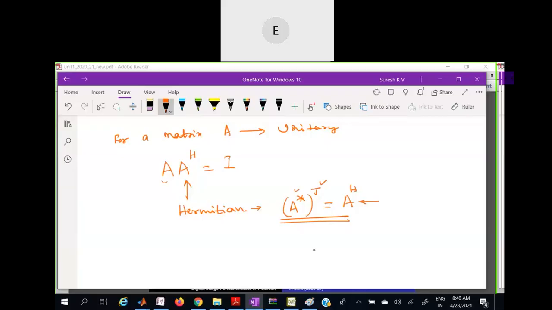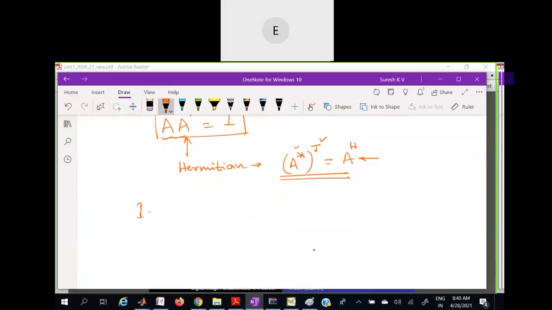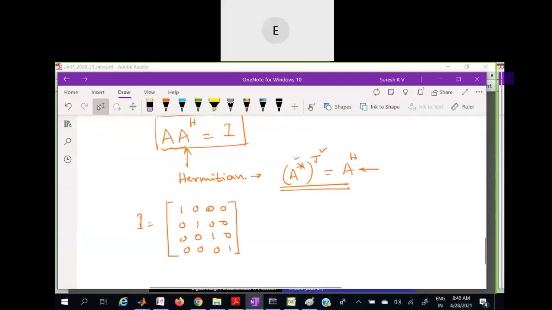Now what it is telling me is A into A Hermitian is equal to identity. All of you know an identity matrix means it should be this. For example, the identity matrix of dimension 4 is this. Diagonal elements are 1 and non-diagonal elements are 0. This is an identity matrix of dimension 4.